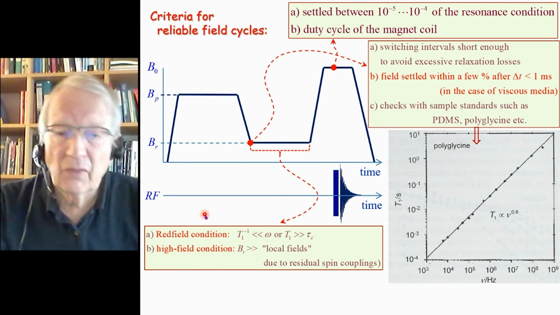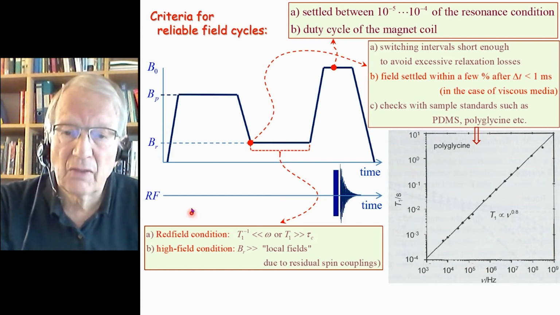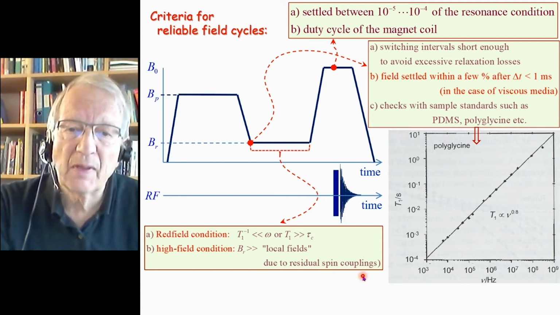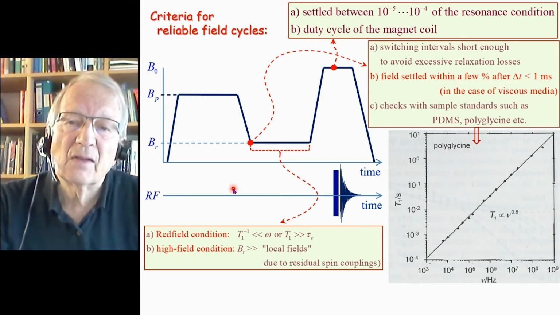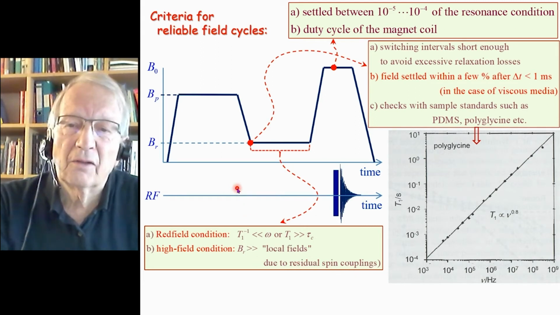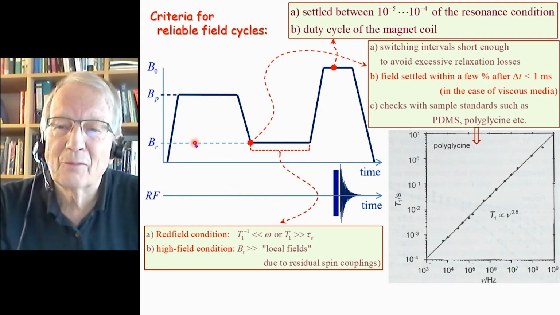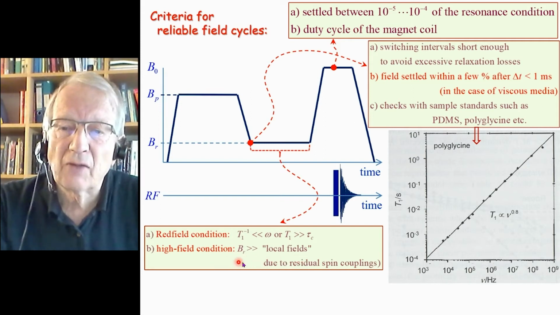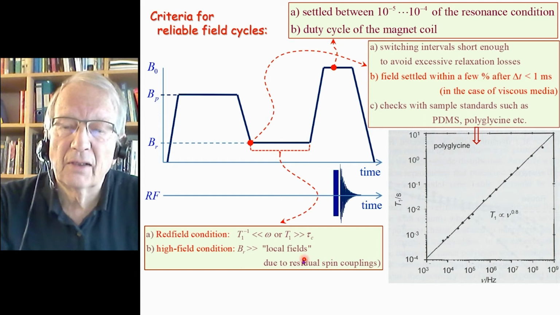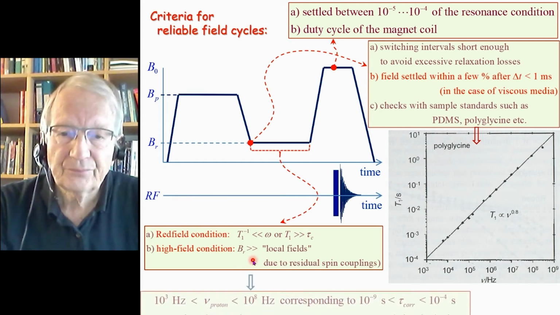With very viscous samples or with samples with restricted molecular fluctuations, there can be residual spin couplings which lead to local fields. And this means that spins are not relaxing in the external field, but in local fields. So one should make sure that the range we are looking at should always be larger than the local fields.